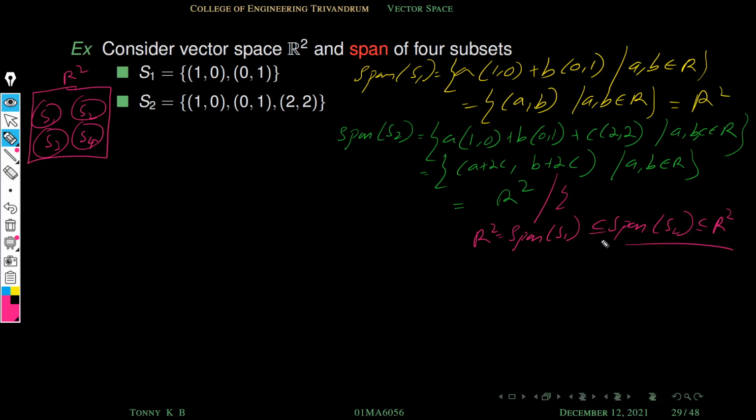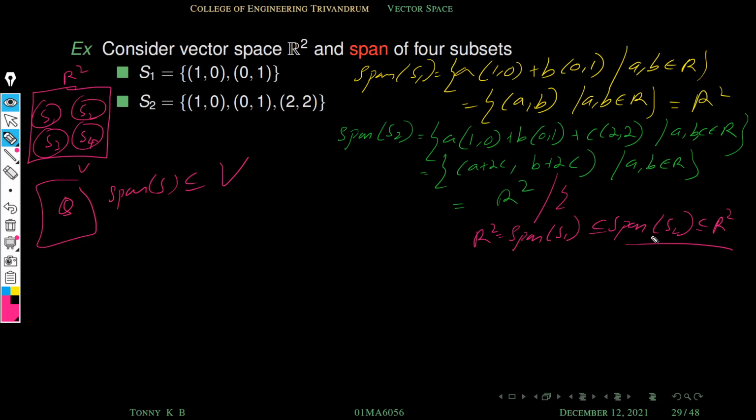And what about this side? We know that if S is a subset of a vector space V, then span of S is always a subspace of V. So it is clear that here our S2 is a subset of R2, so span of S2 is a subspace of R square.